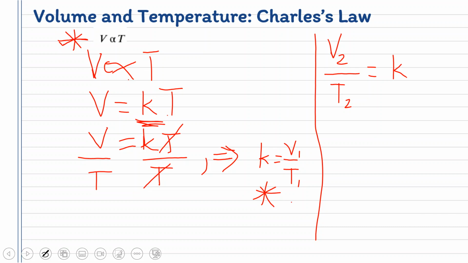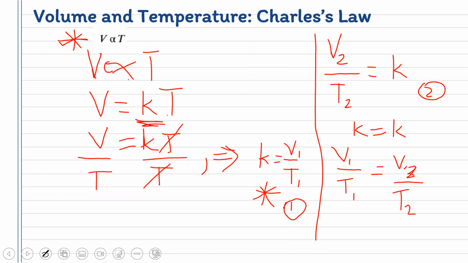Now, if 1 is true and 2 is true, then we can write that K is equal to K, which means that V1 over T1 is equal to V2 over T2. Great.